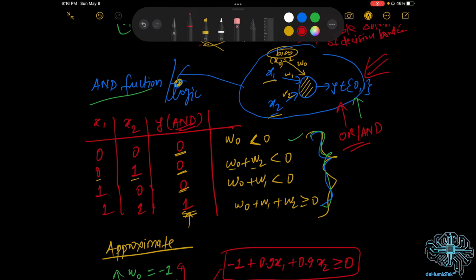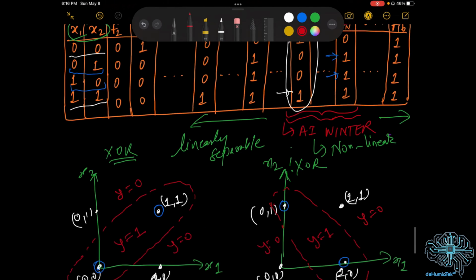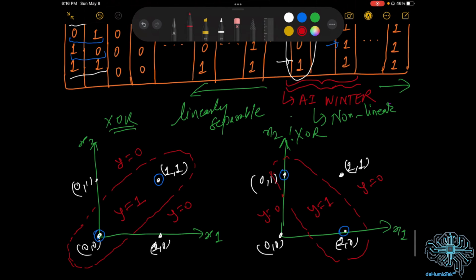It is restricted to linearly separable inputs, but it cannot work for non-linearly separable inputs.